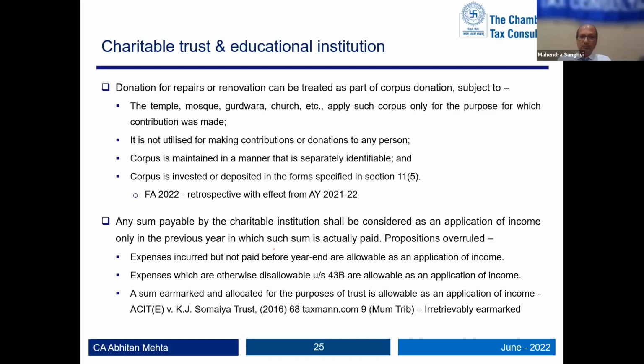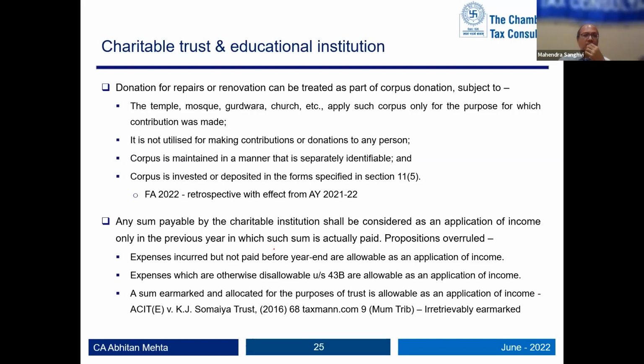But it is better to classify it as a corpus donation for this purpose, rather than just saying it is for this purpose. Otherwise, every charity has certain objectives and it functions in those objectives only. But it is again a heavily debated issue. I would be more comfortable if you write a corpus donation rather than just writing a specific purpose.